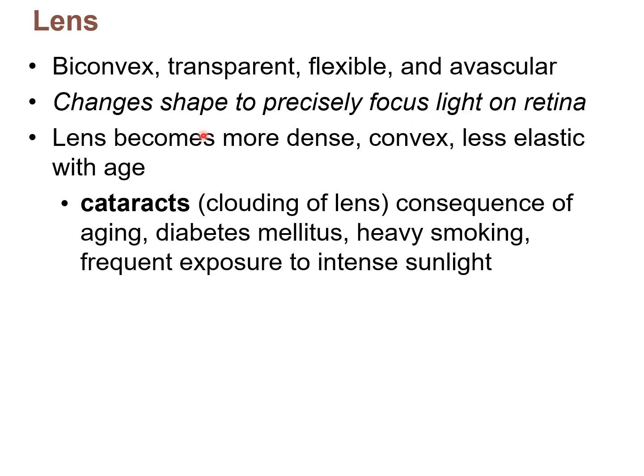It's made of protein. If the lens starts clouding over or the protein starts denaturing, then it's harder for light to get through, which was once transparent and is now becoming less transparent. And that's what a cataract is, a cloudiness of the lens.